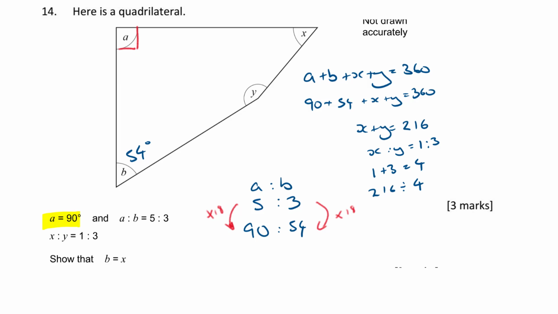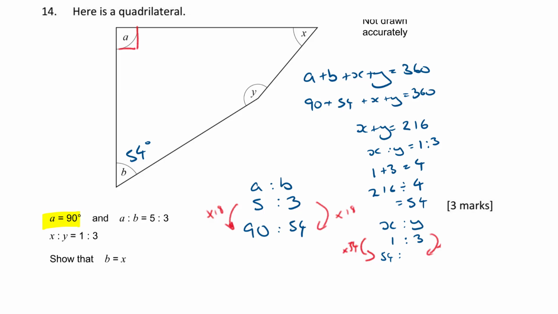4's into 21 go 5 times, remainder 1, and 4's into 16 go 4 times. So that's 54. Okay, so that means that x to y, which is in the ratio of 1 to 3, if I times both of those by 54, I should be able to see that x is 54 and y is 3 lots of 54.